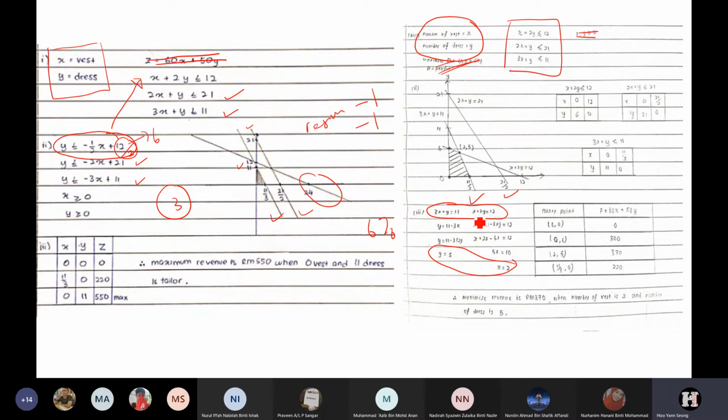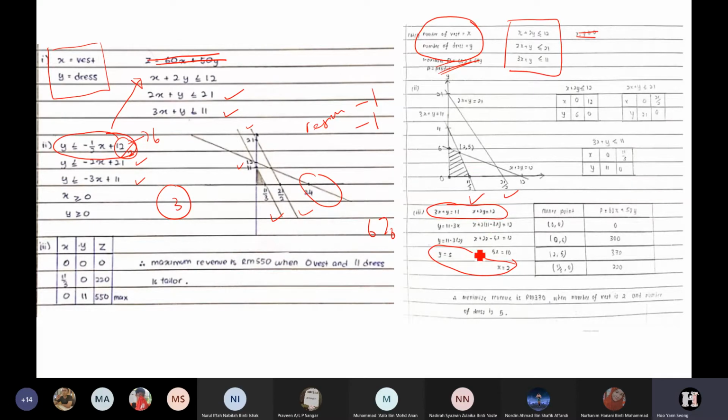But sometimes keying into the calculator also causes careless mistakes, because your calculator is too small and your finger is too big, you press wrongly, or your eyes are already blurry, so you press the wrong thing. So you can key in and then obtain (2, 5).